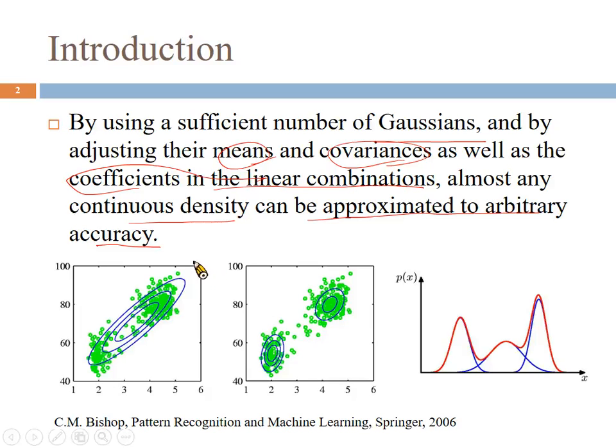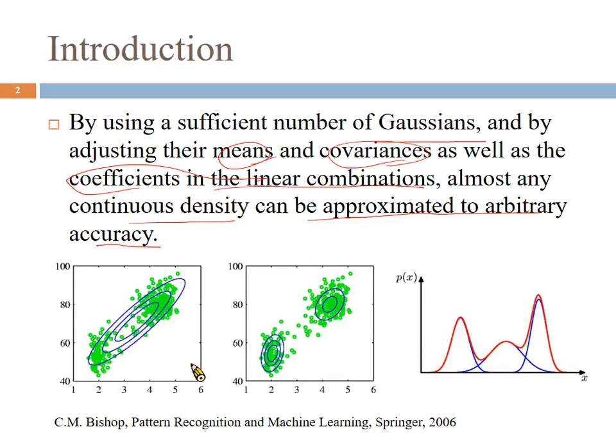So in a word, for any distribution, we can use an appropriate number of Gaussian mixtures with appropriate coefficients to combine them and approximate any distribution.